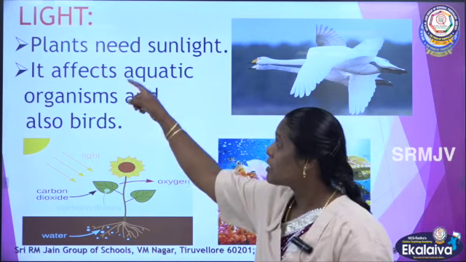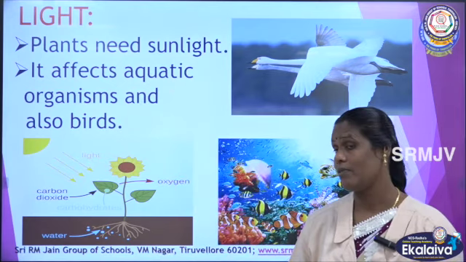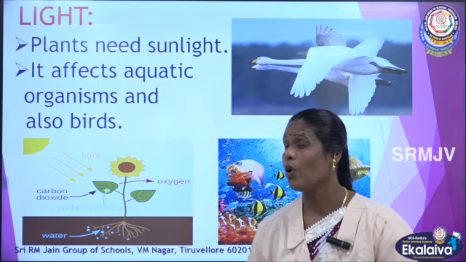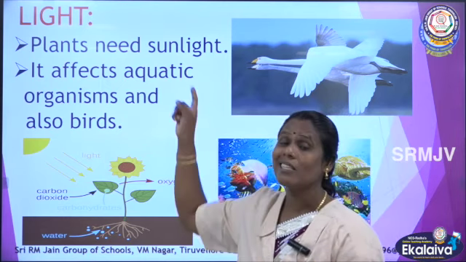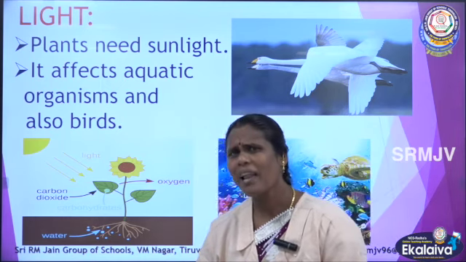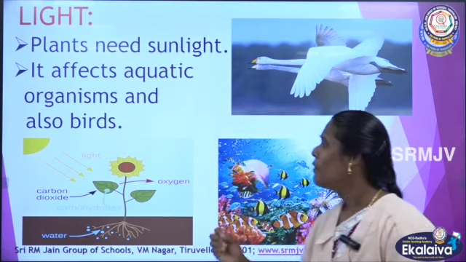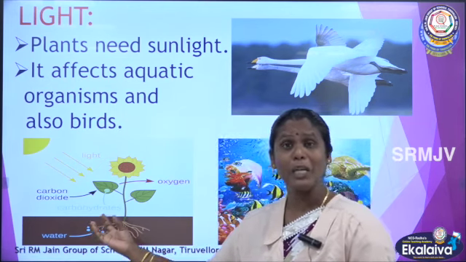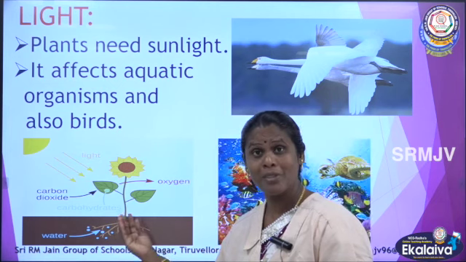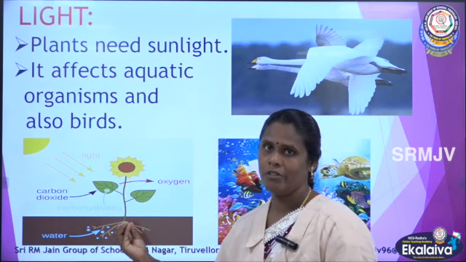Light is very useful for plants as well as living organisms. Here plants need sunlight. Why do plants need sunlight? With the help of sunlight, they prepare their own food.